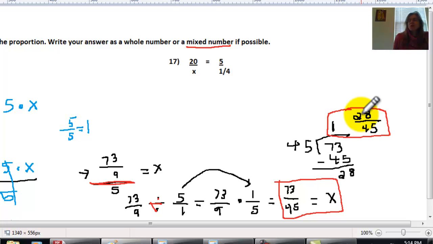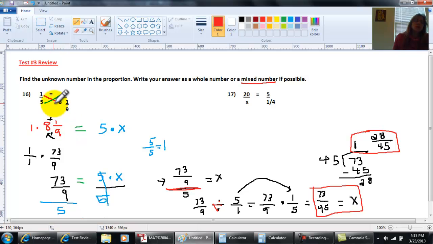Let's see, 28 can be divided by 7, 45 cannot. I think that's all reduced. You can't divide by 3, you can't divide by 9, you can't divide by 2. So the answer is 1 and 28/45 for number 16.